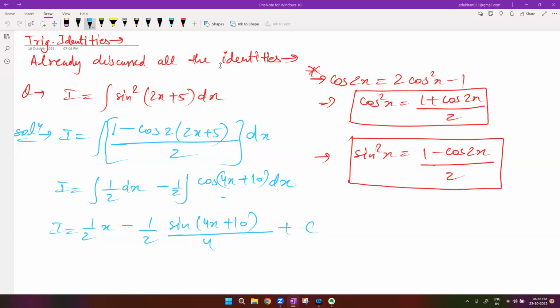Integration of some particular functions. So you can also ask your problems from this topic, integration of some particular functions, as well as integration using trigonometric identities. Anything that we have covered yet, just feel free to ask me any question.